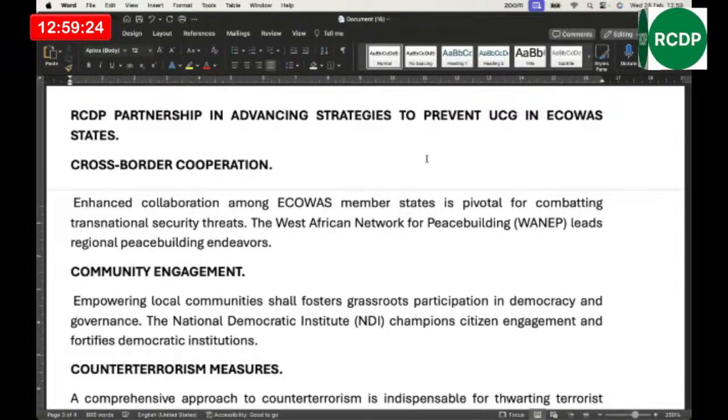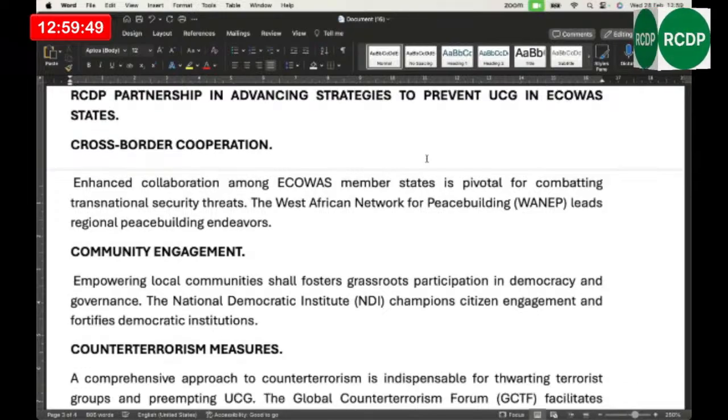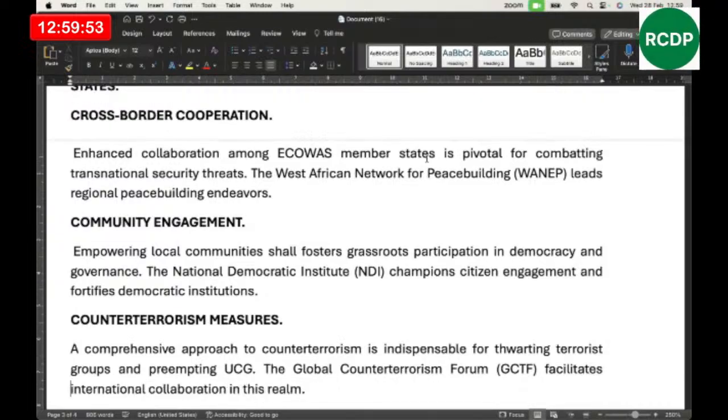The West African Network for Peacebuilding leads regional peacebuilding endeavors. This is going to be one that will actually collaborate with us. Community engagement: empowering local communities shall foster grassroots participation in democracy and governance. The National Democratic Institute also champions this citizen engagement and fortified democratic institutions.